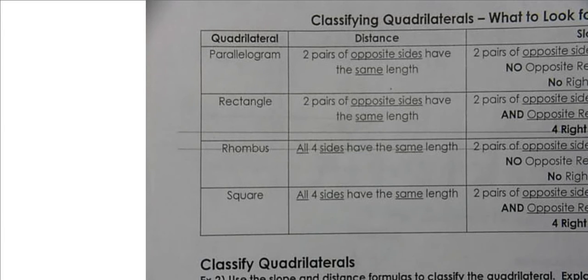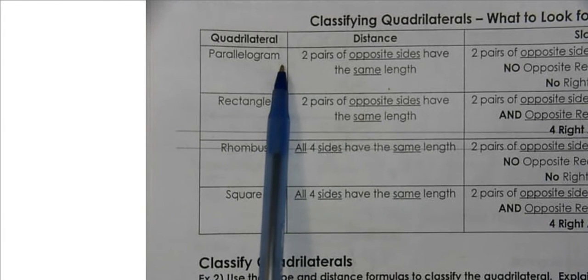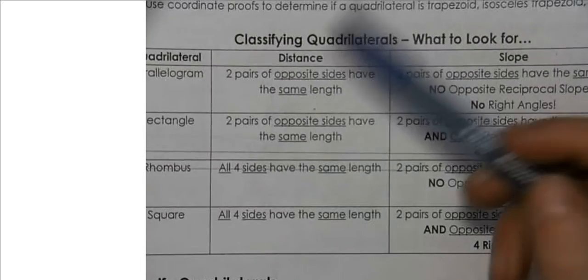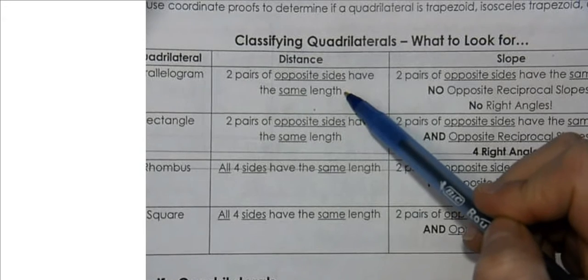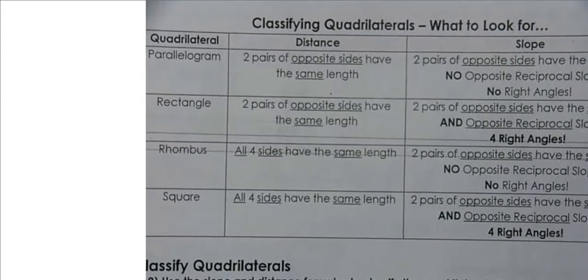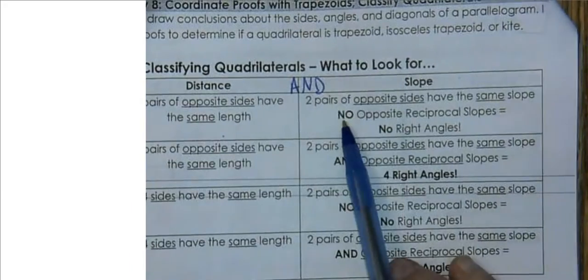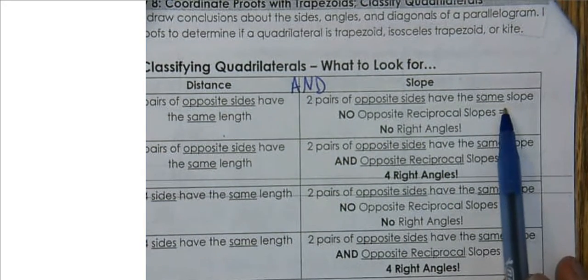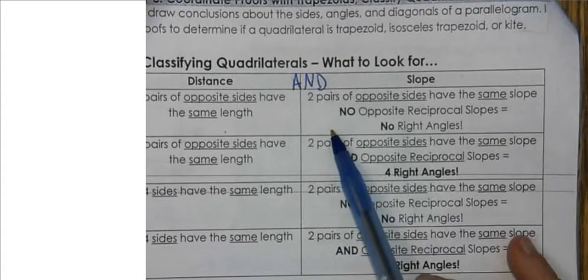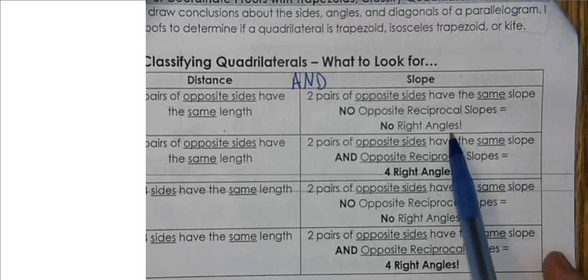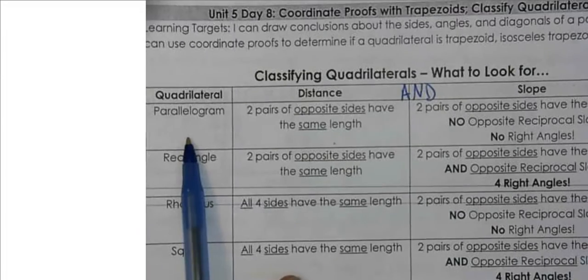It says, if what we see after we've done our analysis is that two pairs of opposite sides have the same length, meaning not all of the sides have the same length, but just opposite sides have the same length, and, the keyword here is and, we notice that two pairs of opposite sides have the same slope, but those slopes are not opposite reciprocal slopes, indicating that we don't have right angles, then what we have is a parallelogram.